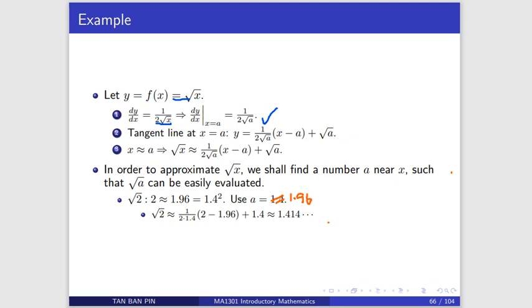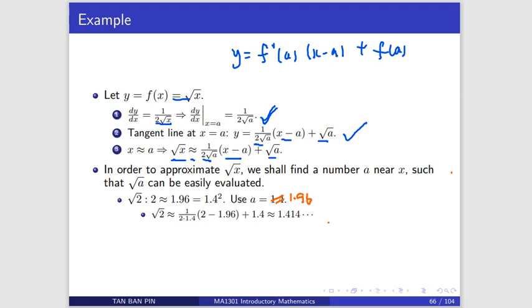And if you write down the equation of tangent line, y equal to f prime a times x minus a plus f a, it should be 1 over 2 square root a times x minus a plus square root a. So with that you can say square root x can be approximated by the tangent line at a, which is 1 over 2 square root a times x minus a plus square root a.